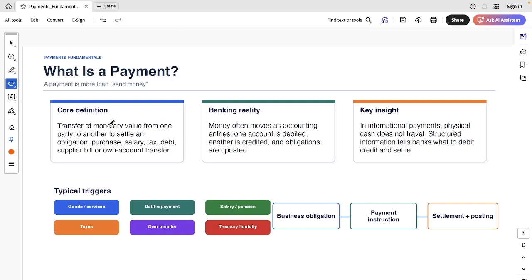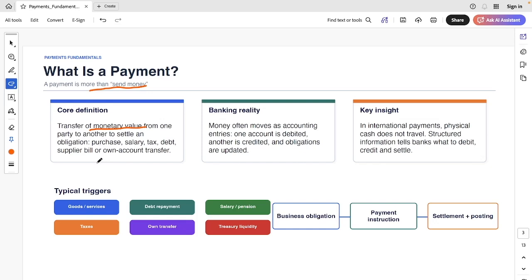With that, let's look at the very basic thing, the definition. What is a payment? A payment is much more than just clicking a send button or sending money. At the simplest level, a payment is the transfer of monetary value from one party to another to settle an obligation. In simple words, if someone owes something, the payment closes that obligation.